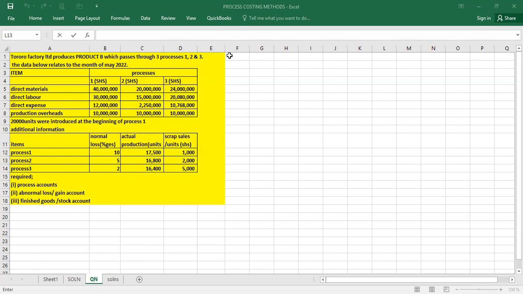They are saying the data below relates to the month of May 2020.